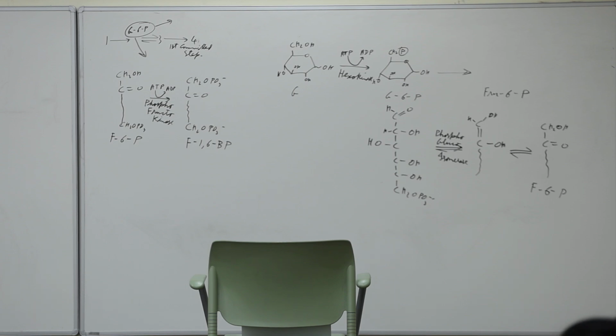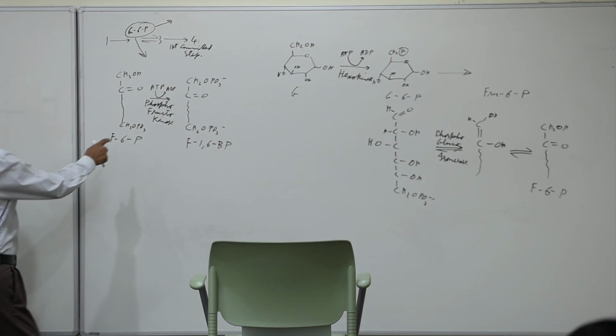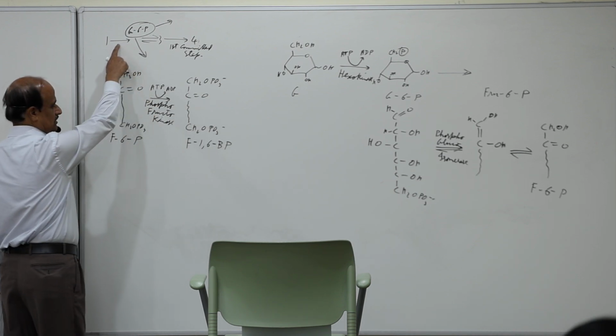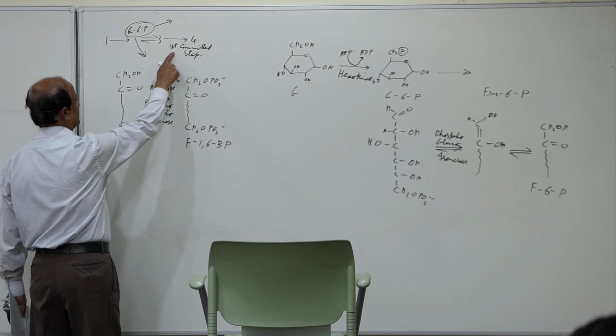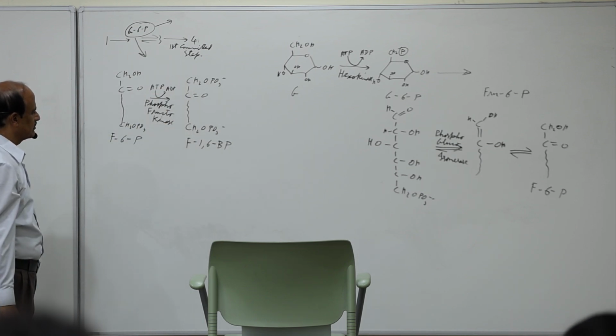So for example, ATP is an end product of this, so ATP will inhibit that step. Or other products from the citric acid cycle will also inhibit this step. So this step is highly regulated. The first one is an irreversible step, so hexokinase is also regulated to some extent, but not as much as this. This is the most regulated step in the whole pathway.